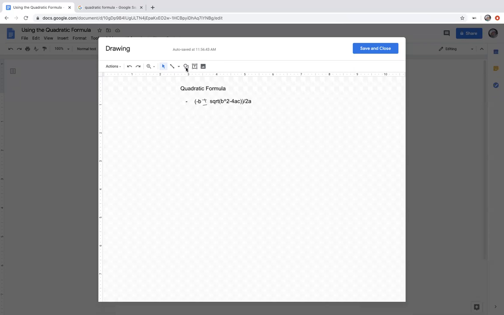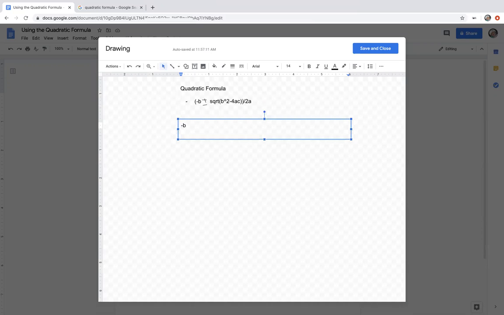And just so people can see it a little clearer, I'm going to write the entire thing out the way it's supposed to be written.